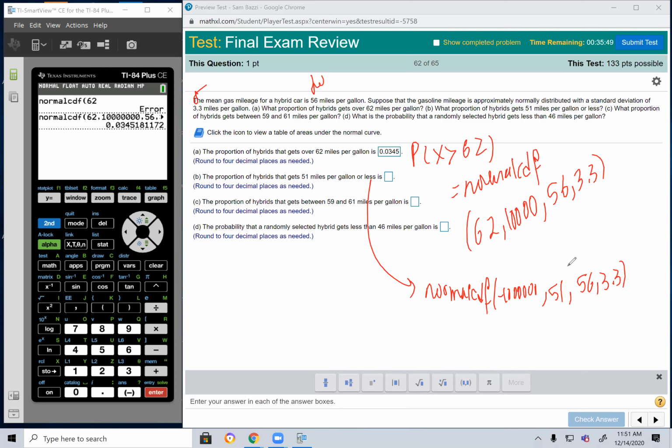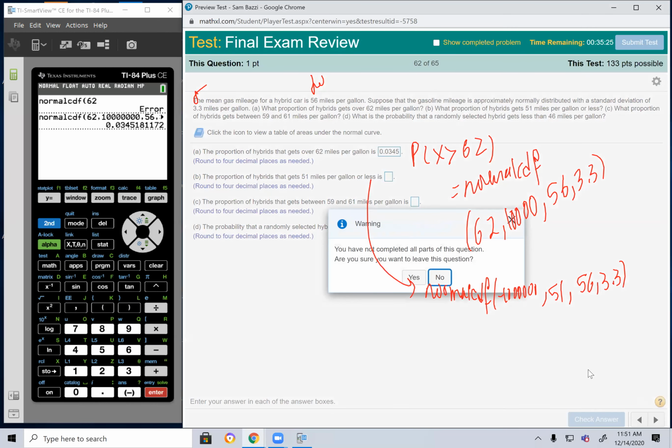Proportion of adults between 59 and 61, the lower bound is 59 and the upper bound is 61. Less than 46 will be negative a million, 46, then mean 56, 3.3. So it's the same thing as you did before, but here he uses the word proportion.